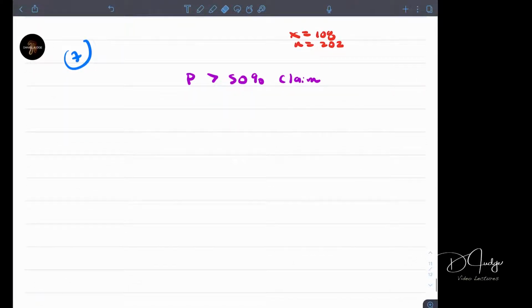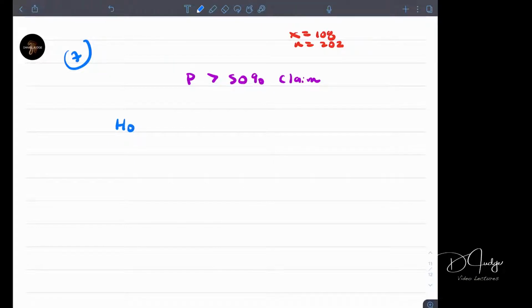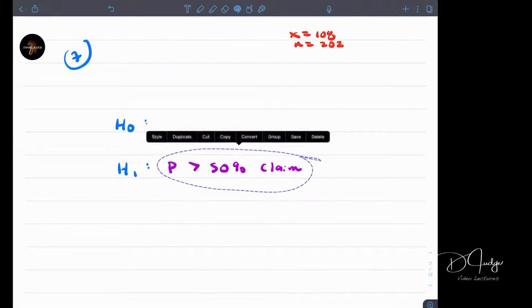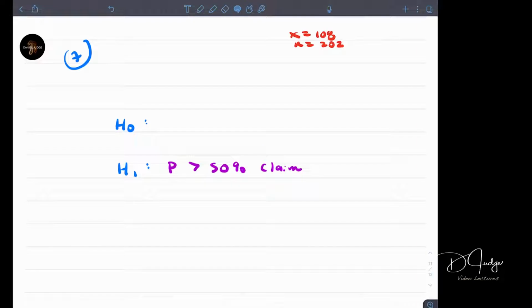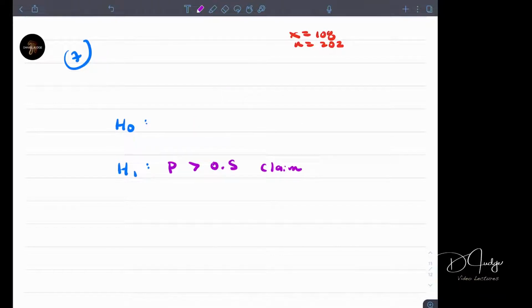So let's kind of put this all together now. Remember, we're going to set up our hypotheses, H0, H1. So where does this go? You know where this goes? It does not have a condition of equality. It's an alternate hypothesis. And I'm going to change this decimal now. The logical opposite is the proportion is greater than or equal to 0.5. Okay?